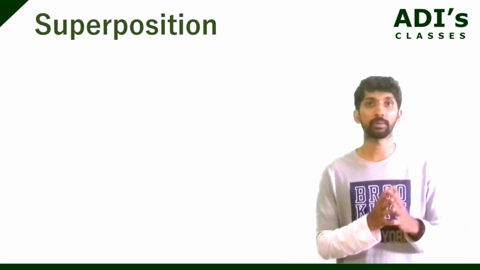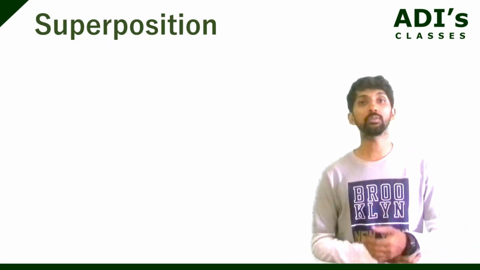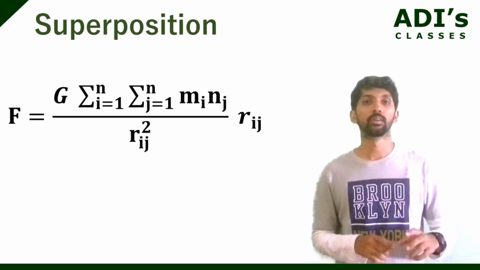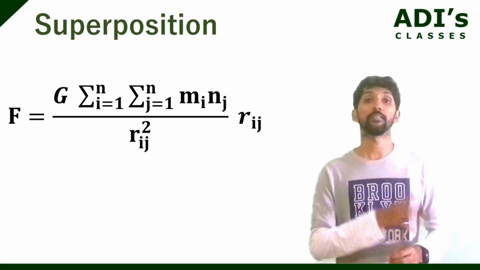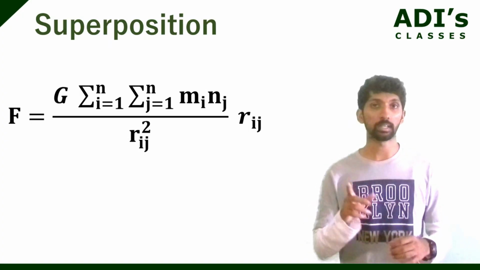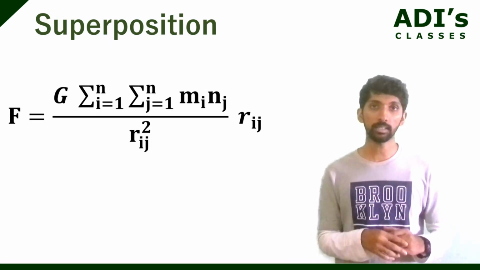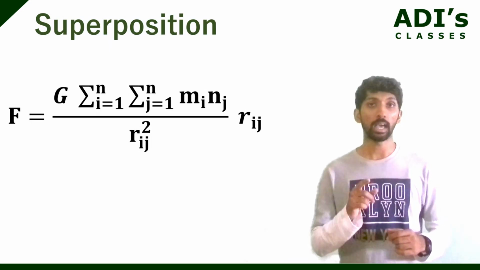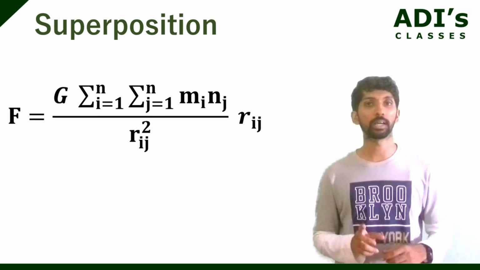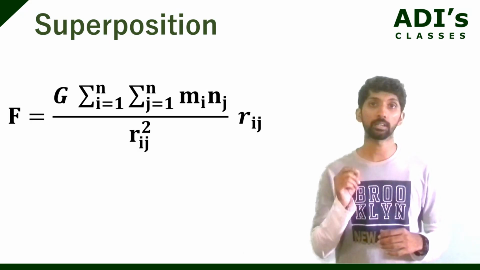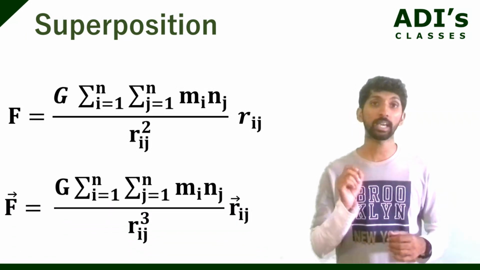So what we get is F equal to sigma. Now G is a constant, so you can take it outside. So we get F equal to G sigma i equal to 1 to n, j equal to 1 to n, mi mj divided by rij square into rij cap.